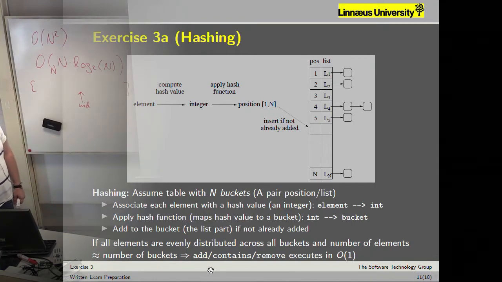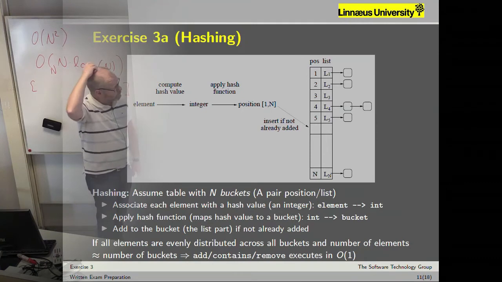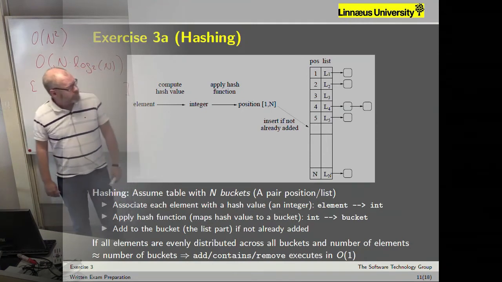So we can add, remove, and check for lookup in constant time, but only if these conditions are true. If all elements are evenly distributed across all buckets and the number of elements are equal to the number of buckets, only in that case we can make sure that we have constant lookup time.